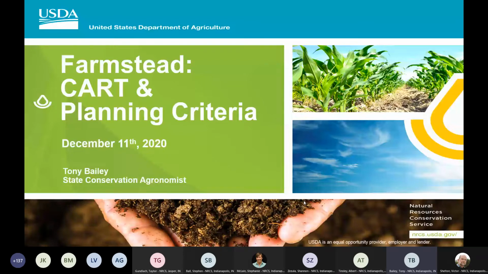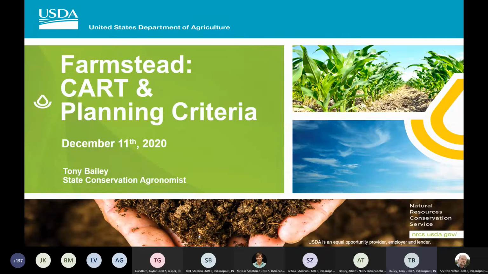We can be doing lots of really good things out in the field with conservation, related to soil health and no-till and cover crops and all those different tweaks and improvements we're trying to get producers to make, but just a few resource concerns related to the farmstead can have a major impact. So we want to make sure that we're paying attention to those as well.